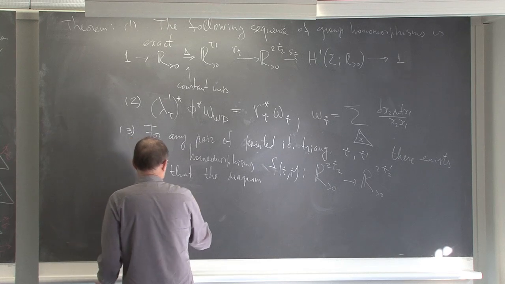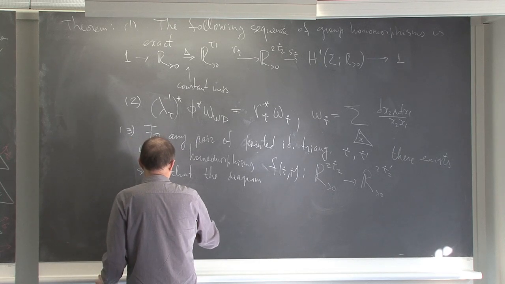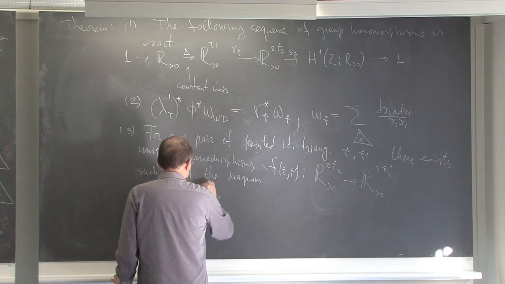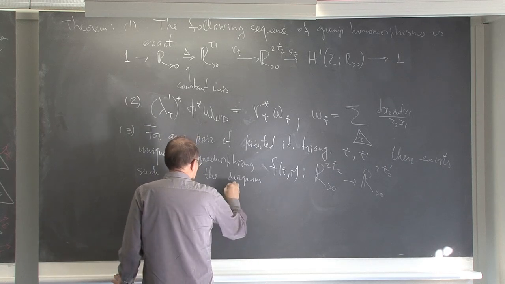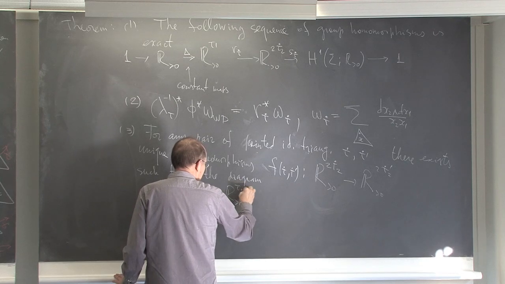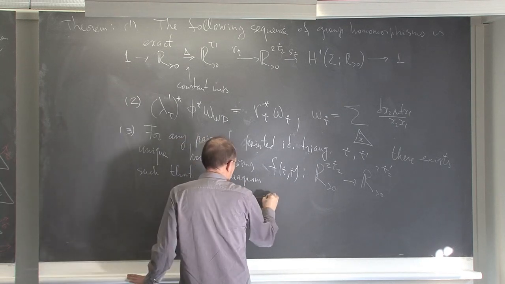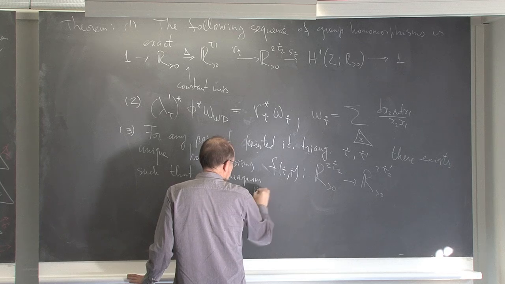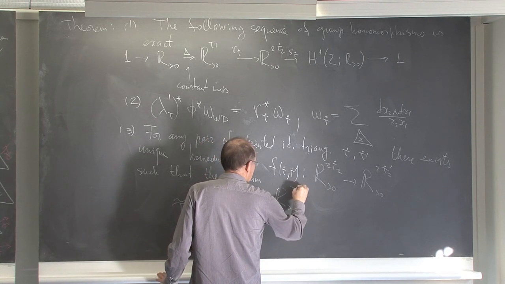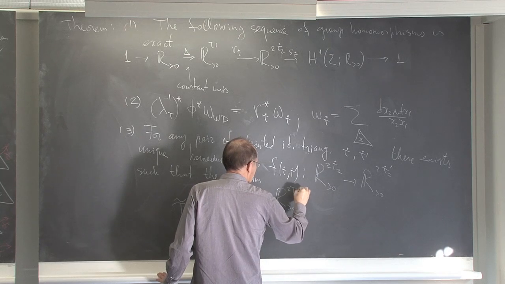Okay, so what do we have here? We have tau tilde of sigma, the decorated Teichmüller space. We have lambda tau, which arrives to R positive tau 1. Then we put R tau dot to arrive to R positive 2 tau 2 dot.